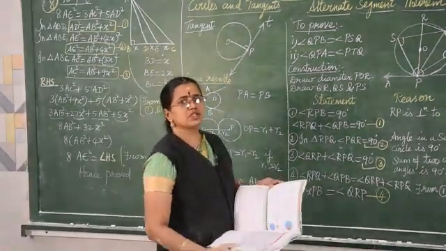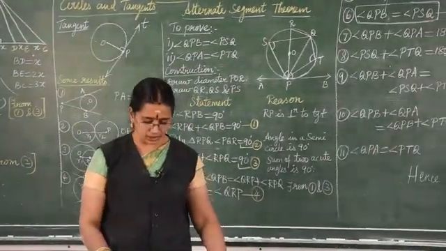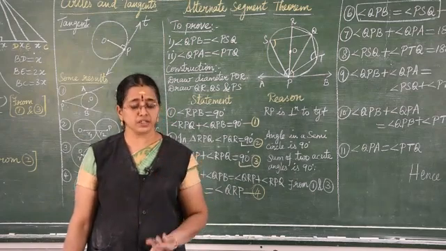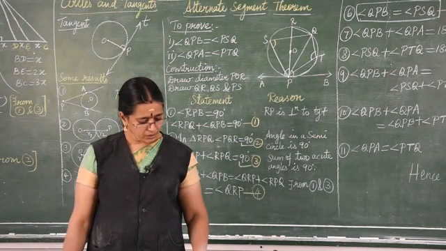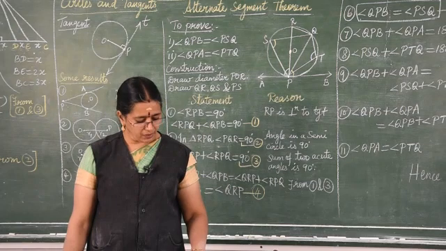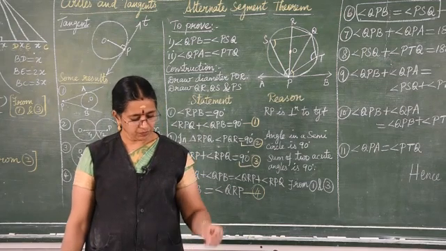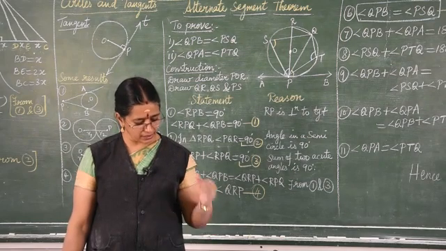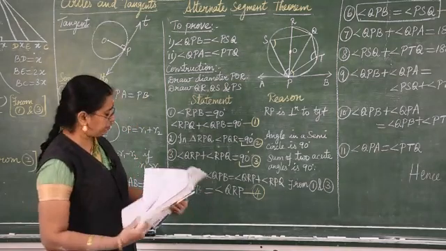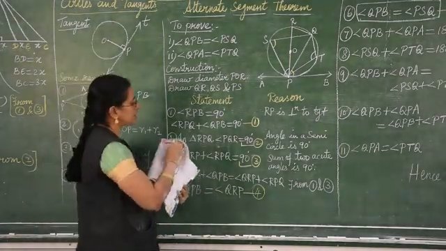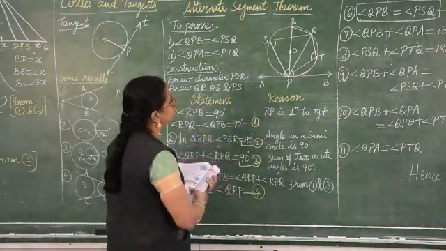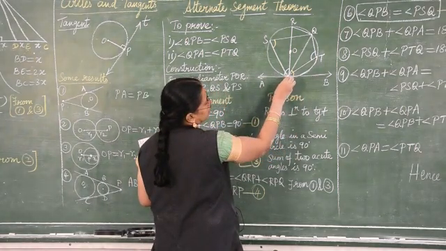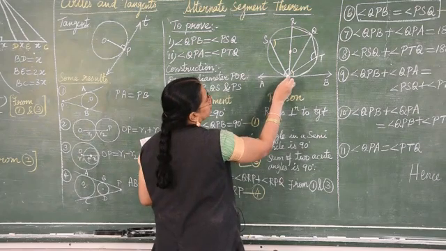And then next we are going to see the alternate segment theorem. You can refer to the statement in the book, I am going to read it now. See the statement: if a line touches a circle and from the point of contact, this is the point of contact P, a chord is drawn.